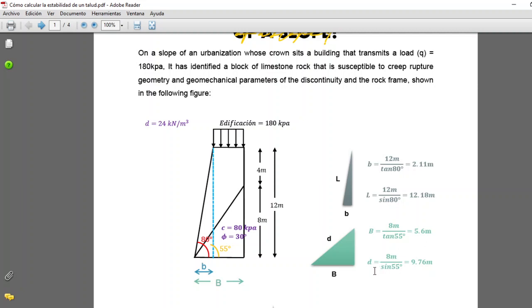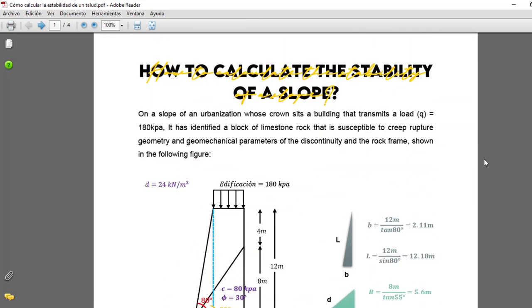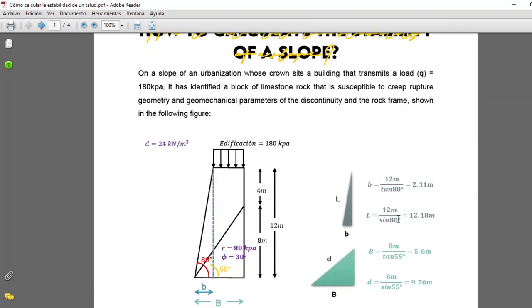Next, we need to calculate D, and we will divide 8 meters by the sine of 55 degrees, and we have 9.76 meters. Okay, now we know these distances.